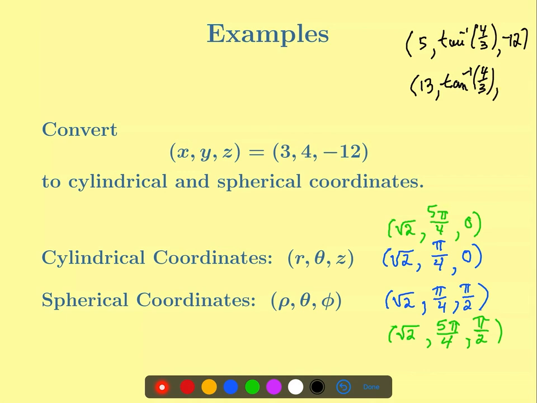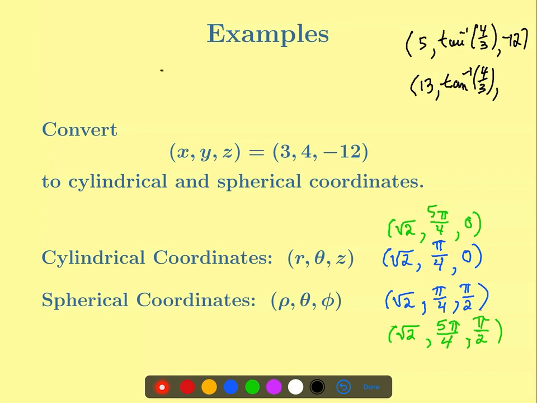Next, we need phi. So we want to figure out what phi is. So this is a good question. What do we use to figure out phi? And I encourage you to look at the tip I wrote in the solutions to the homework for the spherical coordinates, because there's a good tip there on why we're doing this, but we want to use the formula we have for z.